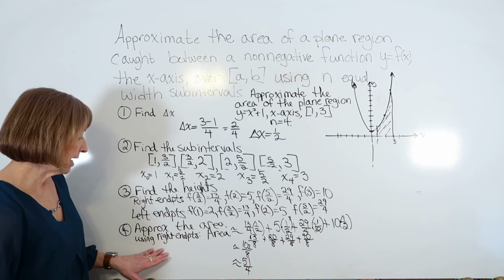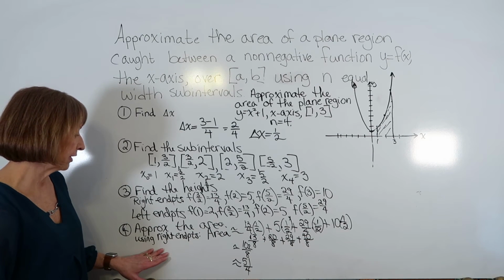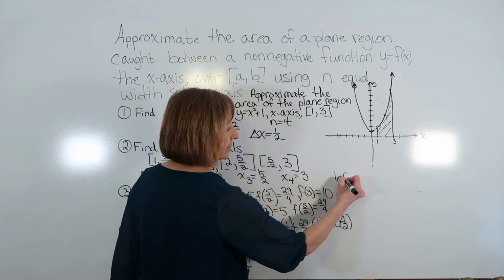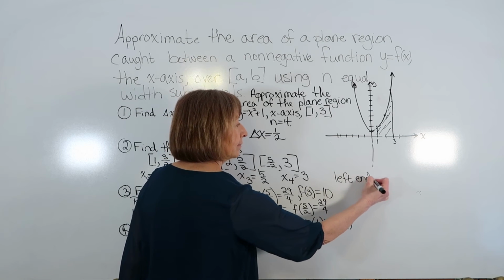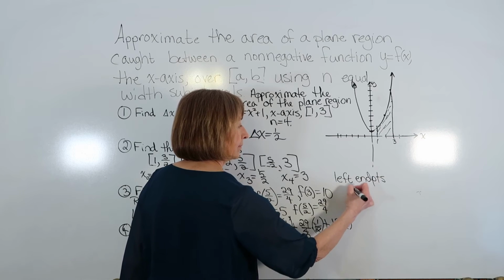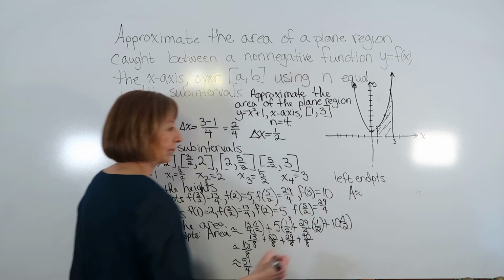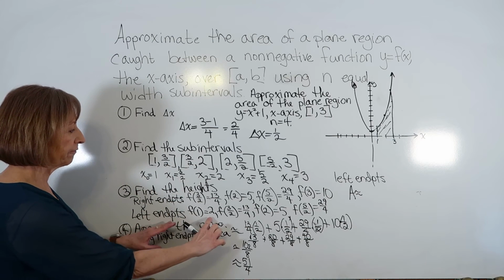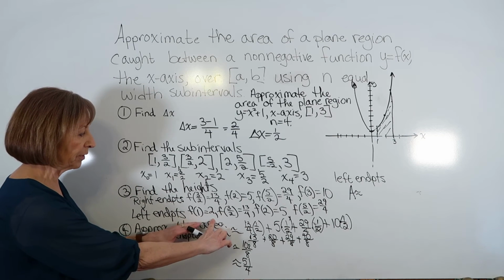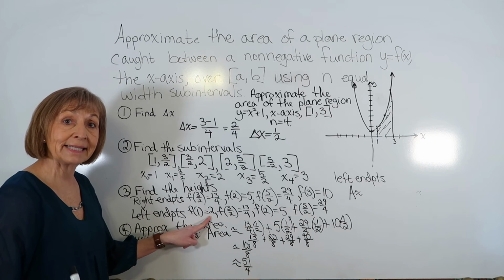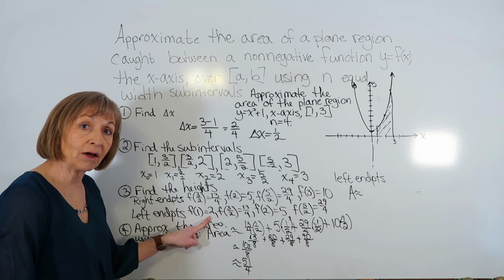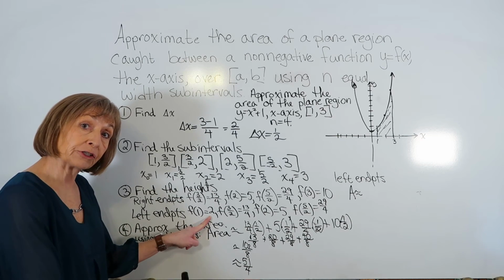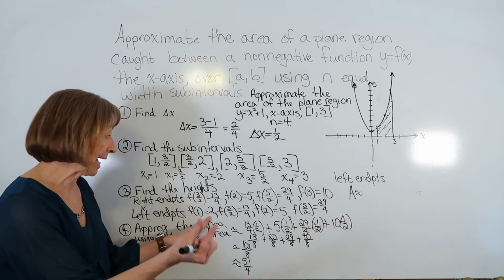Okay, so then let's look at approximating the area using the left endpoints. We found the heights using the left endpoints already. Remember, our area is adding up the areas of the subrectangles: height from the output of your function, width from your delta x.